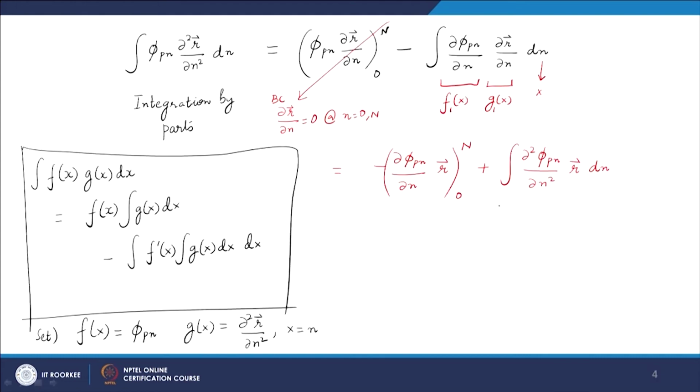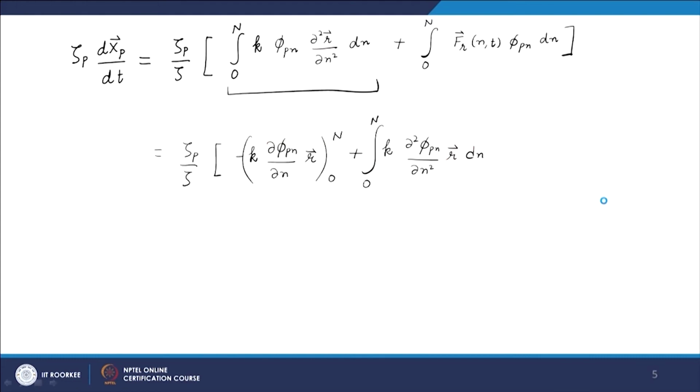That is what we have gotten right here, and then the last term remains unchanged.